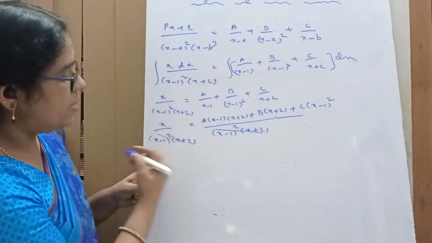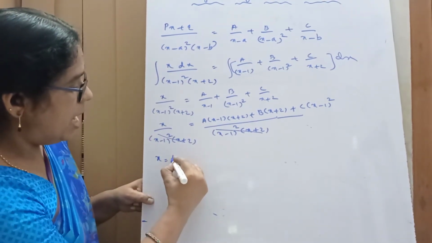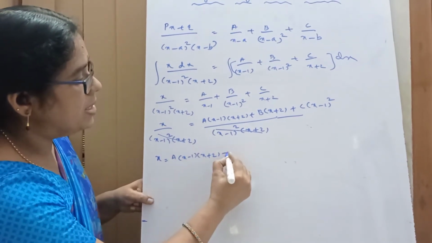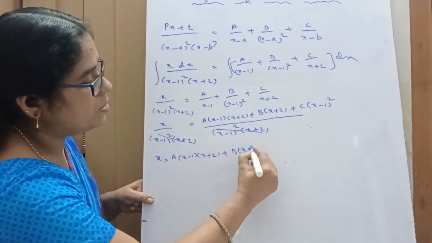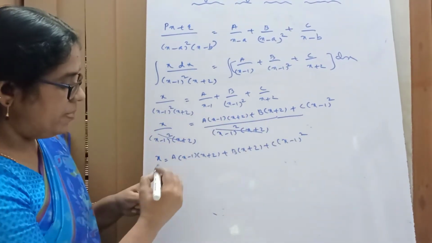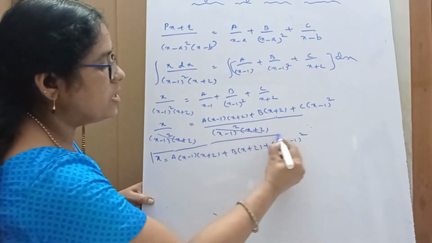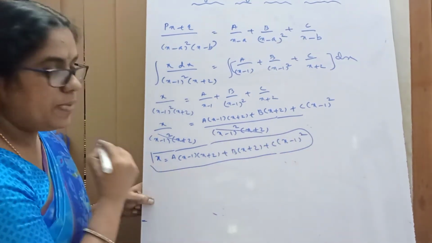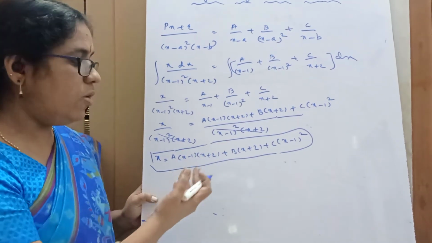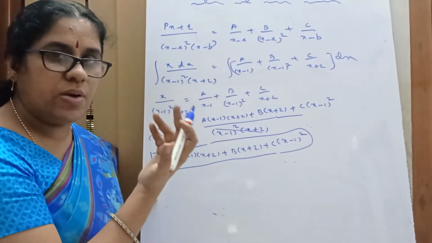Therefore, we get x is equal to a into (x minus 1) into (x plus 2) plus b into (x plus 2) plus c into (x minus 1) the whole square. Okay, from this we have to find the constants a, b and c. We can put x equal to 1, x equal to minus 2, or we can compare the coefficient of x square. We can use any method.